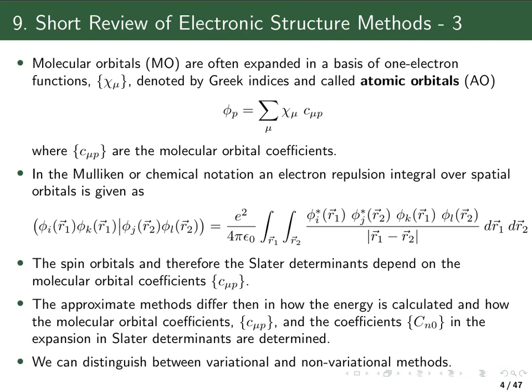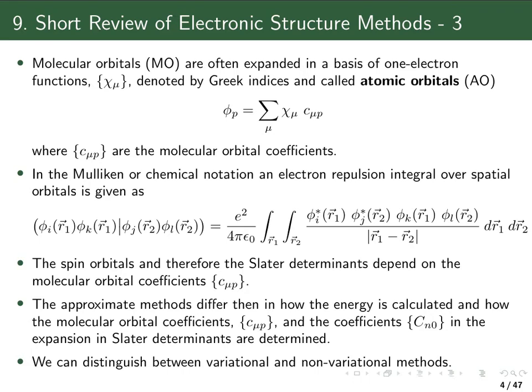Now, since these spatial molecular orbitals are expanded in this linear combination of basis functions or atomic orbitals with these expansion coefficients, called molecular orbital coefficients, the spin orbitals are also a function of these molecular orbital coefficients. Because the Slater determinants are antisymmetrized products of spin orbitals, the Slater determinants of course also depend on these molecular orbital coefficients.